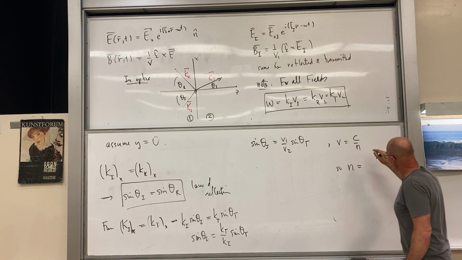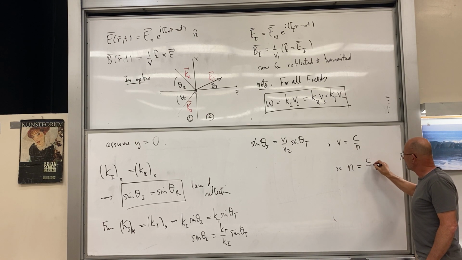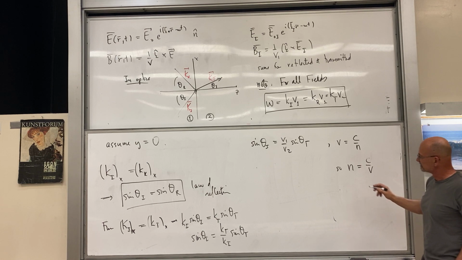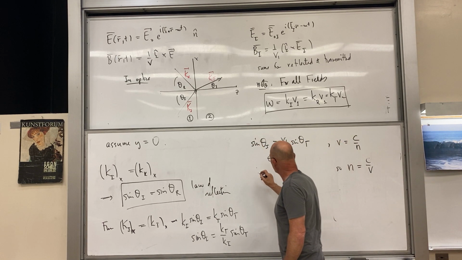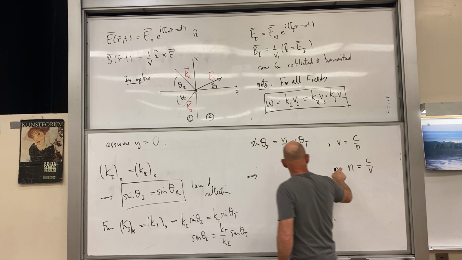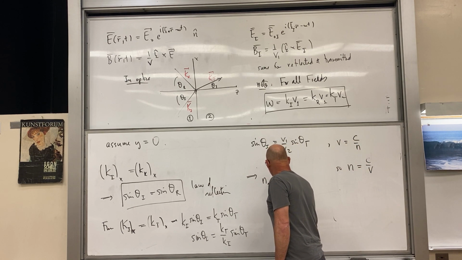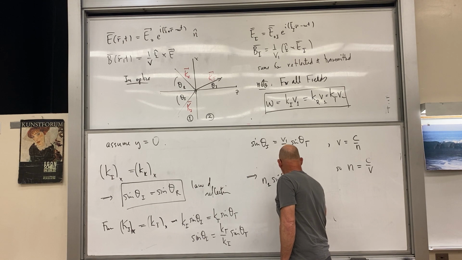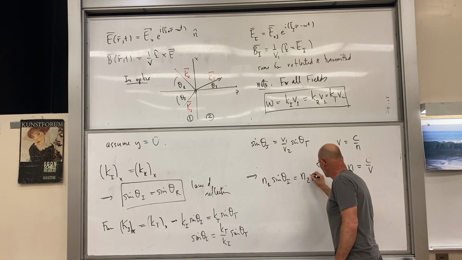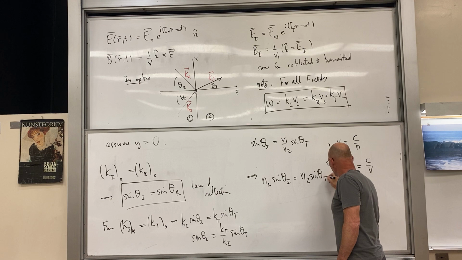So n is equal to c divided by v. And so cross multiply here and replace the v's by the n's, then you get n1 sine theta incident equals n2 sine theta transmitted.